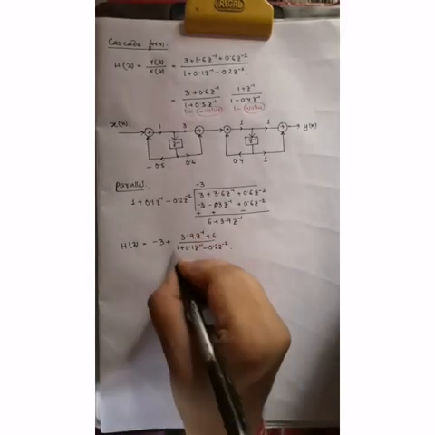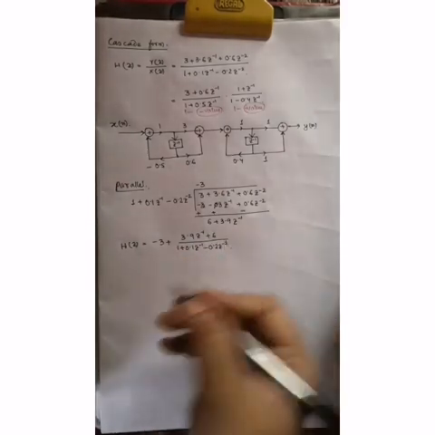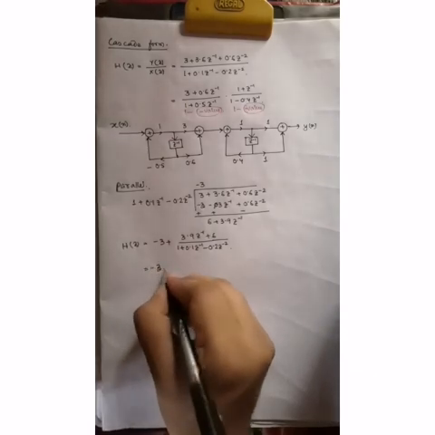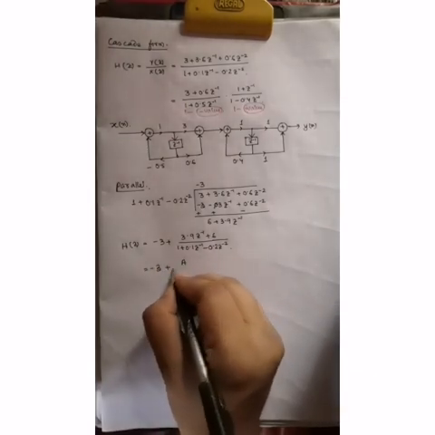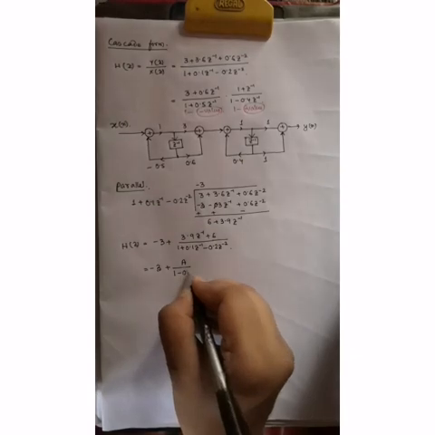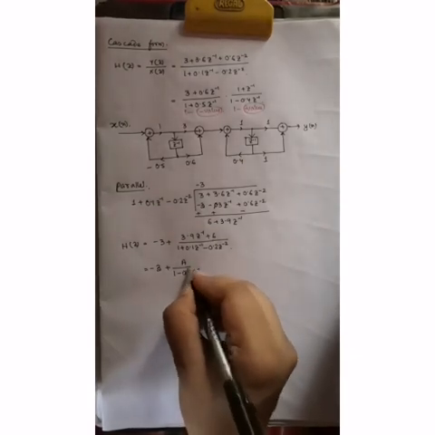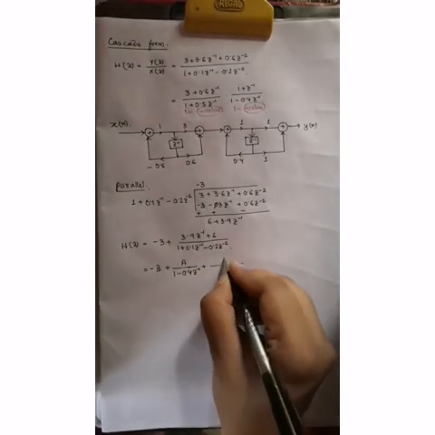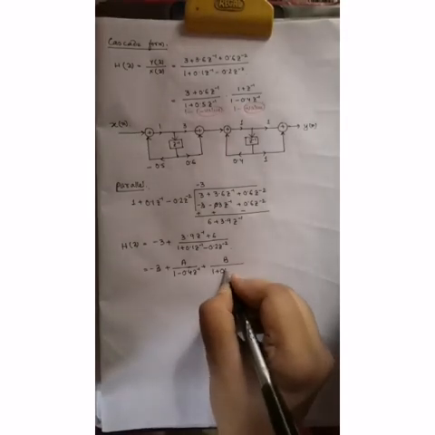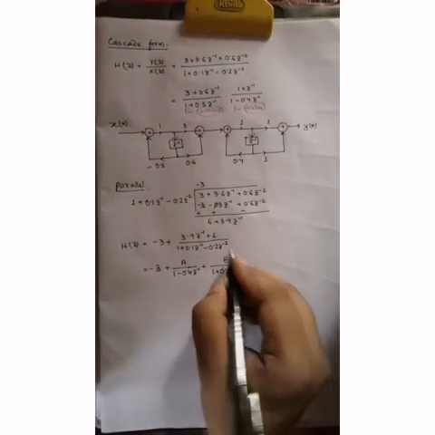So we know how to solve the problem using the partial fraction. That is, it should be minus 3 plus A by 1 minus 0.4 z to the power minus 1, plus B by 1 plus 0.5 z to the power minus 1.